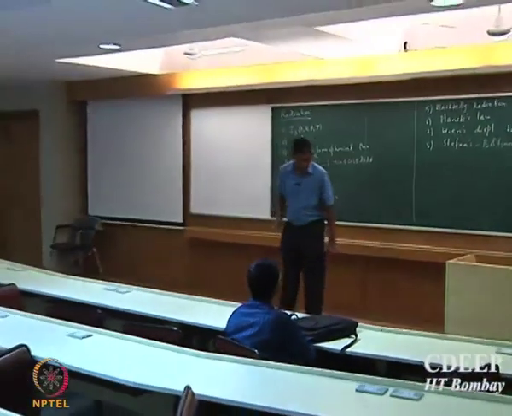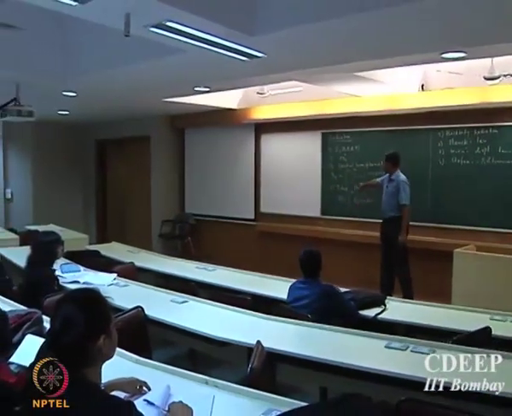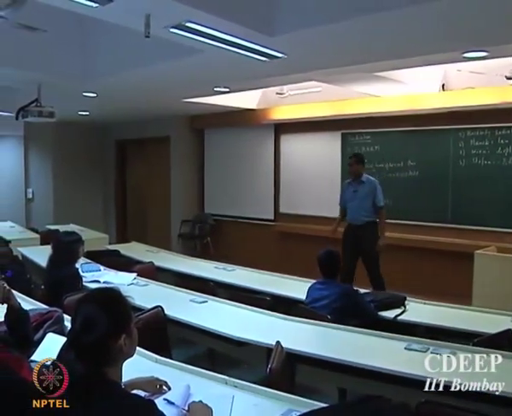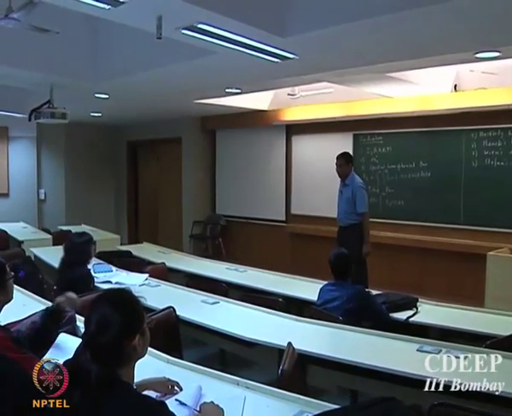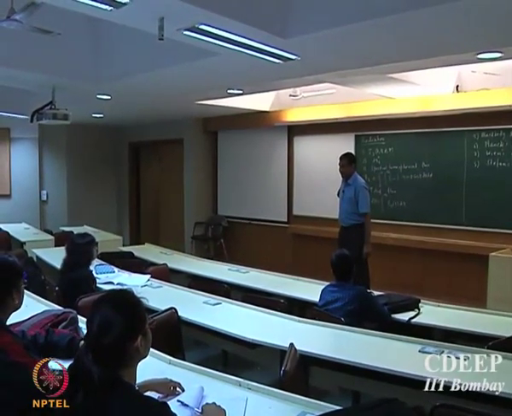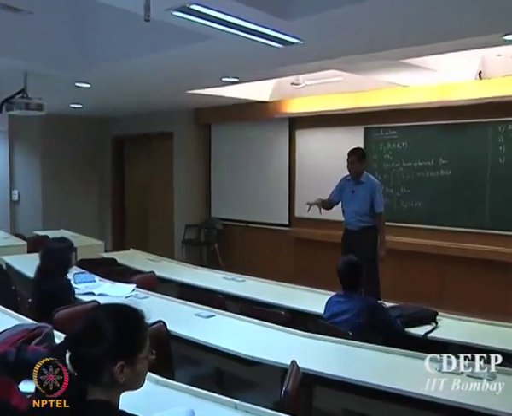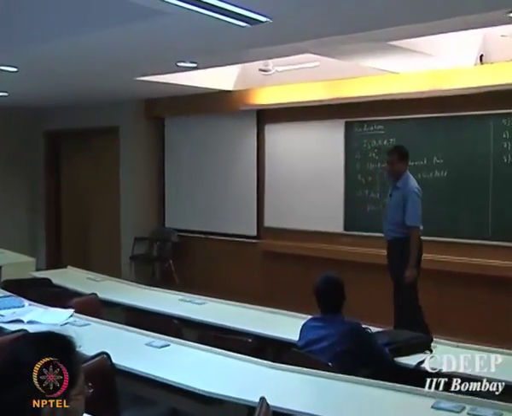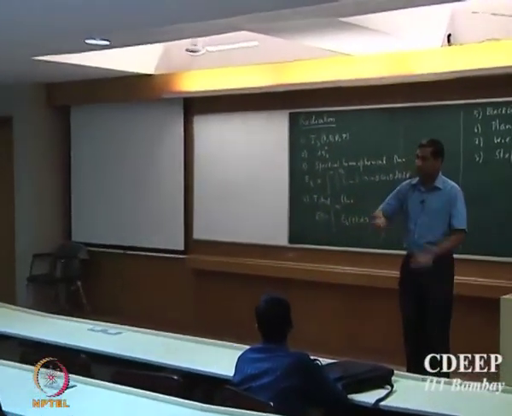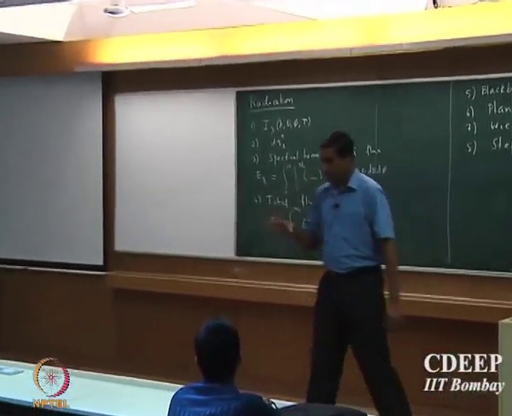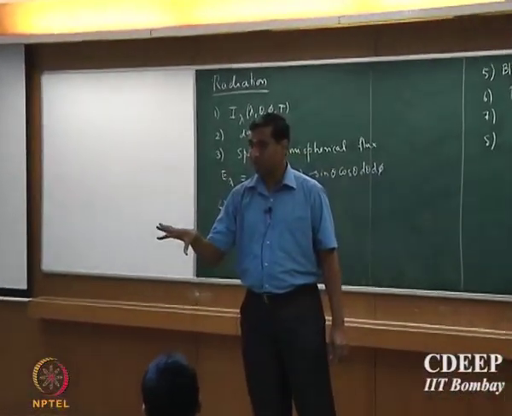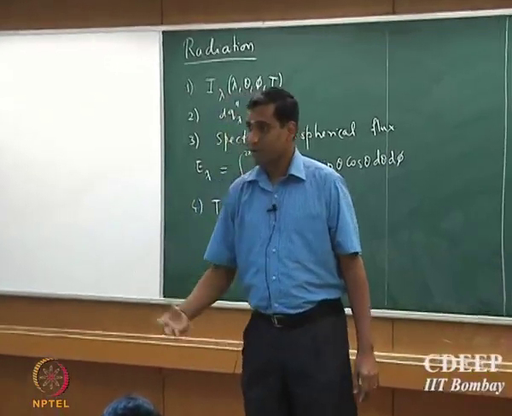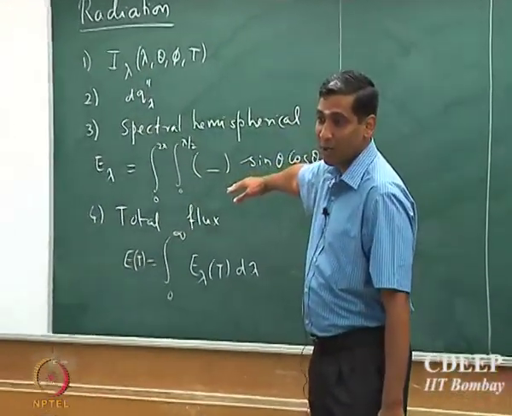Okay, so the question is, what happens when you integrate from 0 to pi? If it's a surface emission, you can't do that to start with. Now, if it's a volumetric emission, that's a different story. We will deal with it later. In volumetric emission, that is correct, you will have to integrate it everywhere, because there you have absorption and you also have transmission. So that will take care of it being non-zero.